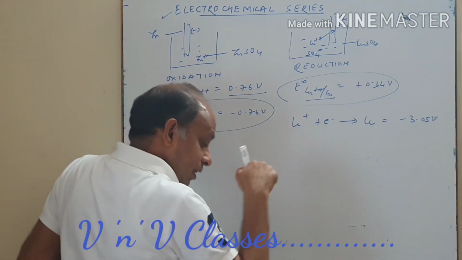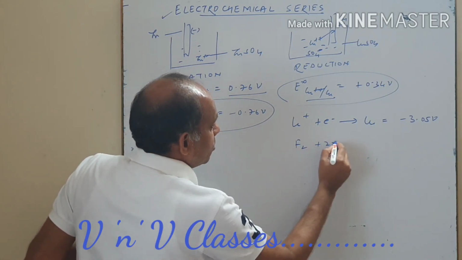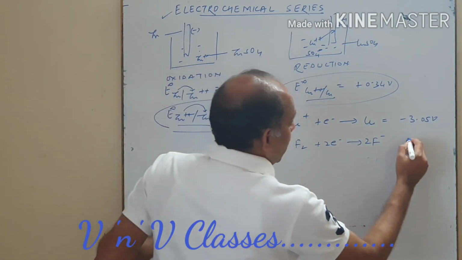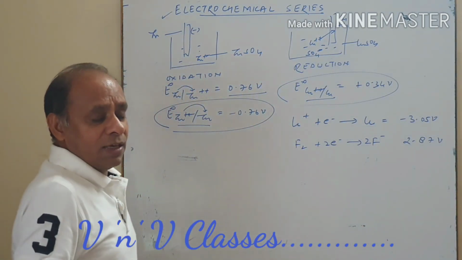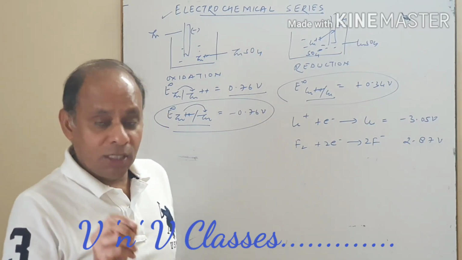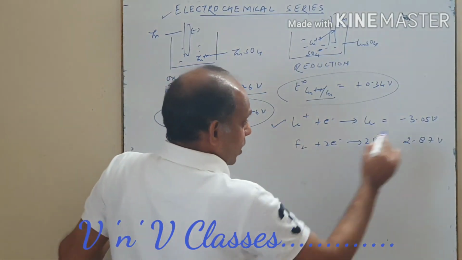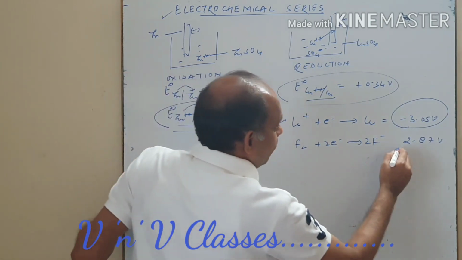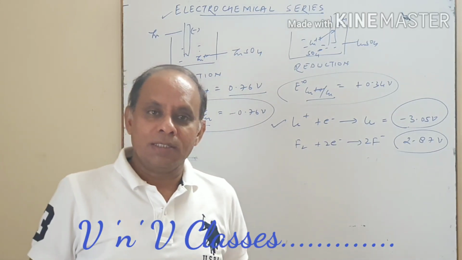At the bottom we have fluorine, which again is a reduction process, accepting an electron to form the F negative ion, and its potential value is 2.87 volt. In this electrochemical series, all the elements are arranged in increasing order of their reduction potential: at the top we have lithium with the least potential value and at the bottom we have fluorine with the maximum potential value. So this is the electrochemical series.